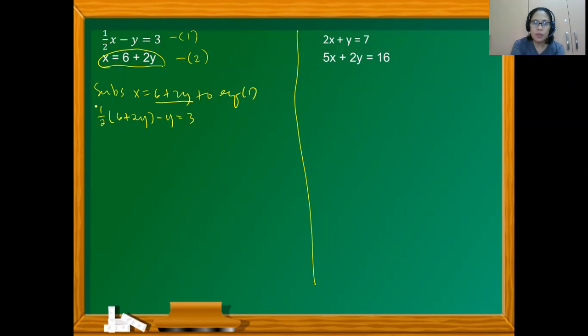Now, for us to simplify this equation and to come up with the denominator 1, we will multiply each term here by 2. Okay? So this will be canceled. And we have the first term equal to 6 plus 2y. And then negative y times 2, this is minus 2y. 3 times 2, this is 6.